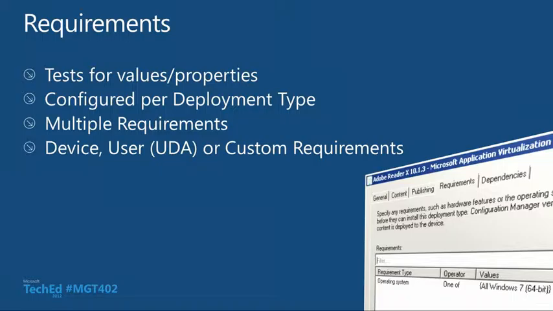So you can do a deployment type such as, okay, I'm happy for an MSI version of Firefox to be distributed, but only to these users and only when they are logged on to their primary computers. If they go and log on anywhere else, I don't want them to get that MSI. They might have an AppV version, or they might have an RDS version instead.